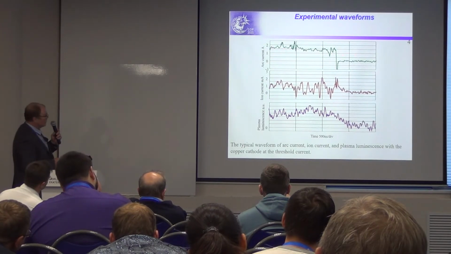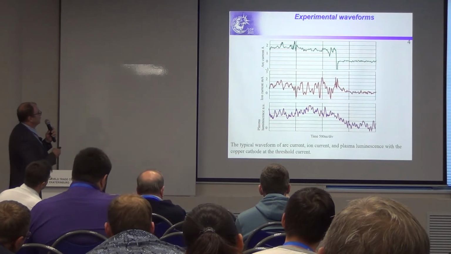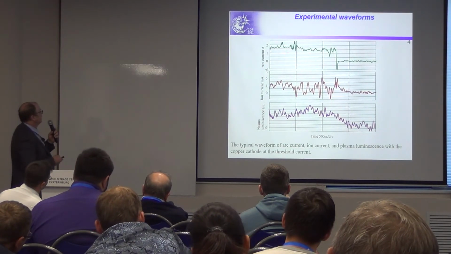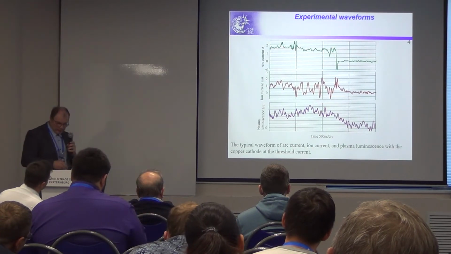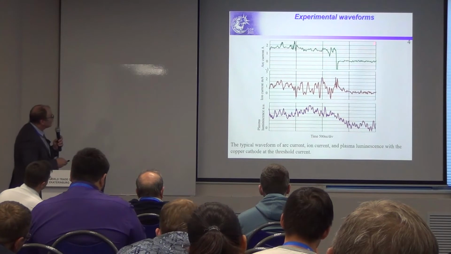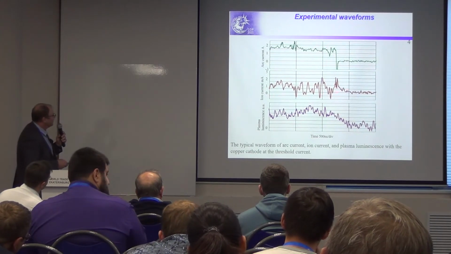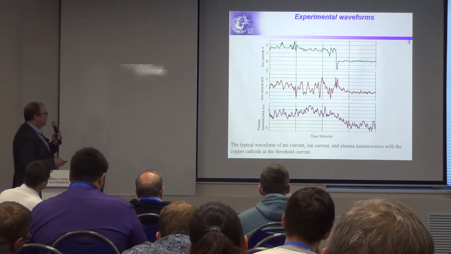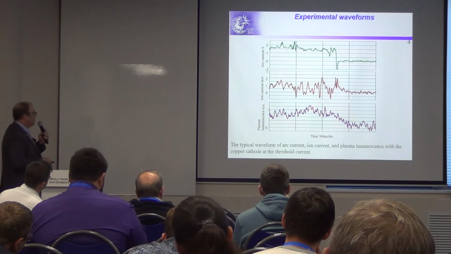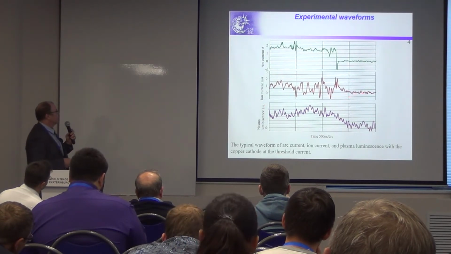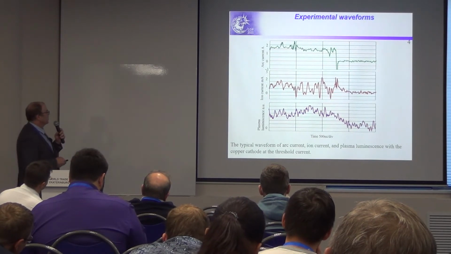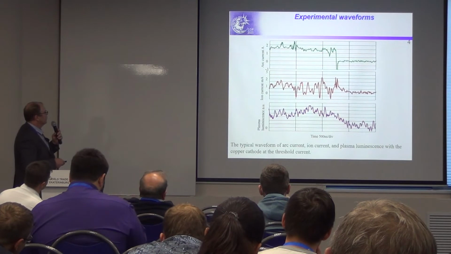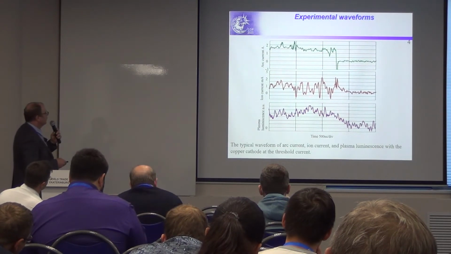At the threshold current level, the discharge current has significant instabilities, but the ion current has very significant instabilities. So one can say that the current of ions consists of very strong bursts or very strong peaks.